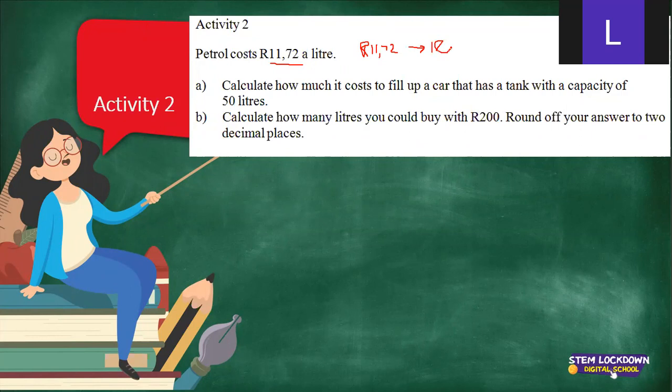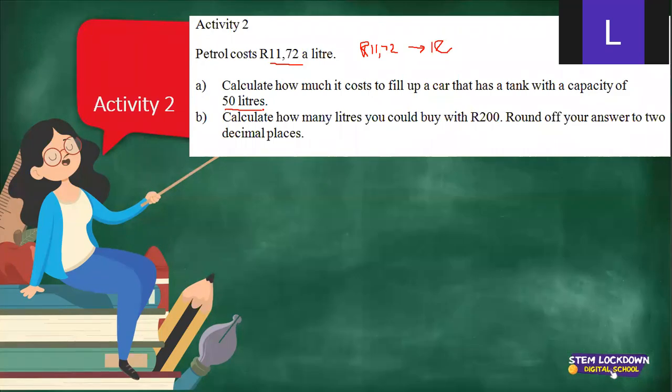Now they say calculate how much it costs to fill up a car that has a tank with a capacity of 50 liters. One liter costs 11 Rand 72. How much will it cost you to fill up a car with a tank of 50 liters?